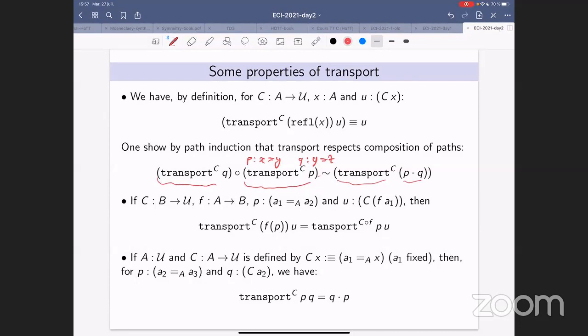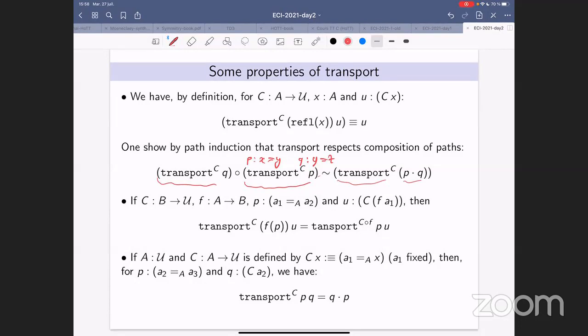And how can it be proved? By path induction. I will not do all the proofs because they all look the same. Well, except when they are a bit tricky, like the one of Christine Paulin.